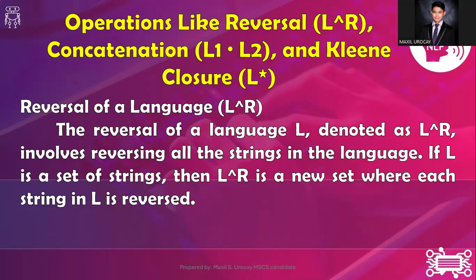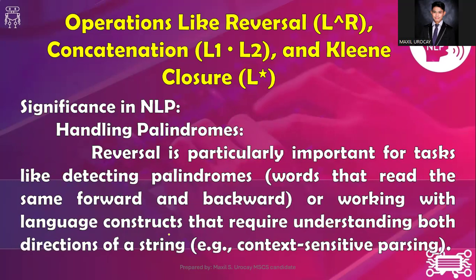Then, the significance for handling palindromes: reversal is particularly important for tasks like detecting palindromes, words that read the same backward and forward, or working with language constructs that require understanding both directions of a string, like context and subject parsing. So we've known that trying to detect, for sentiment analysis, whether it is subjective or objective, and the like, if it mutated the structures there.